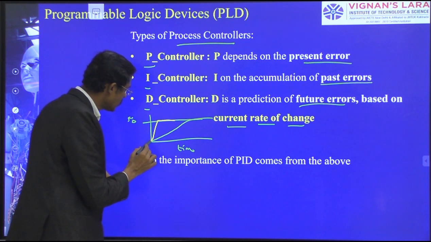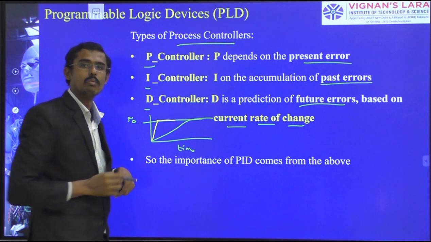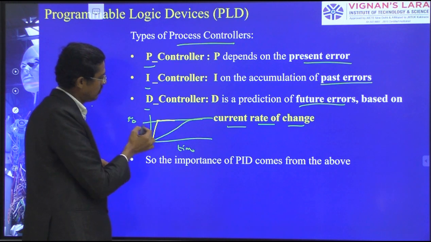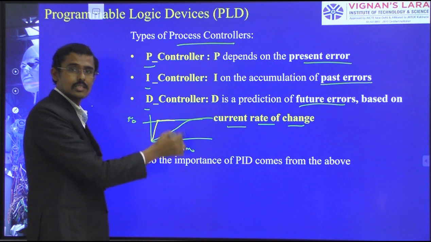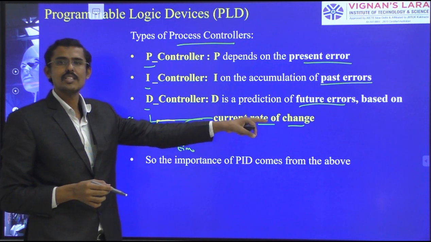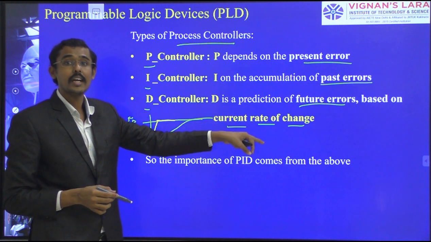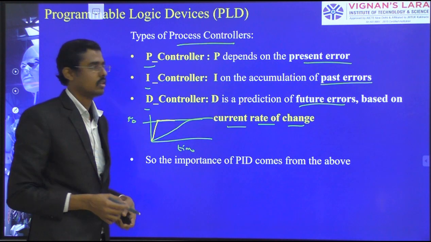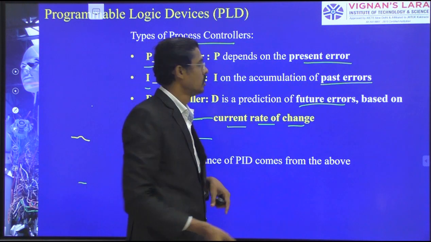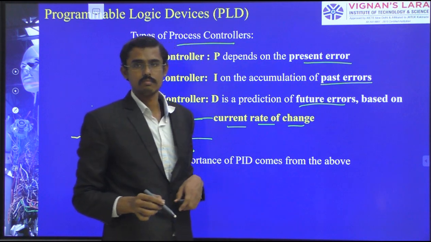I want it immediately and I should go, not a slow process. It is time and distance based. So this rate of change is important to be maintained. So it is based upon the future error and the rate of change.